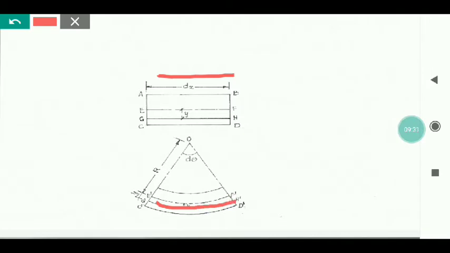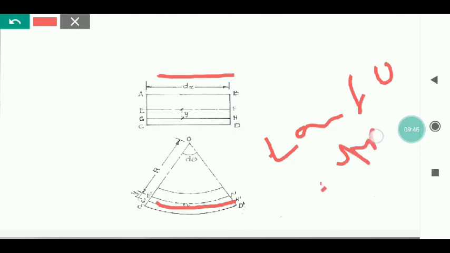Hence EF is equal to E dash F dash, and we consider dx. Now, a relationship: if I take tan del theta equal to opposite side by adjacent side, the opposite side is the length dx and the adjacent side is R.